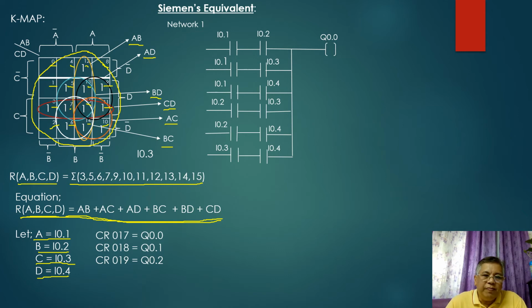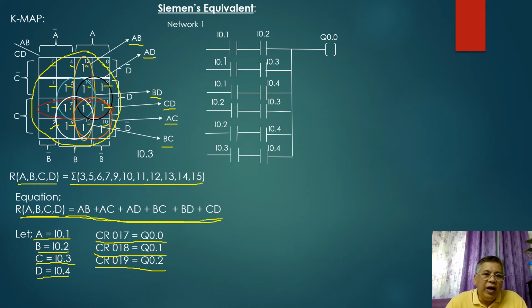For the output, CR017, which is your red pilot light, will be represented by Q 0.0, and for CR018, which is your siren, represented by Q 0.1, and for the fire department, we have CR019, which is represented by Q 0.2 in Siemens.